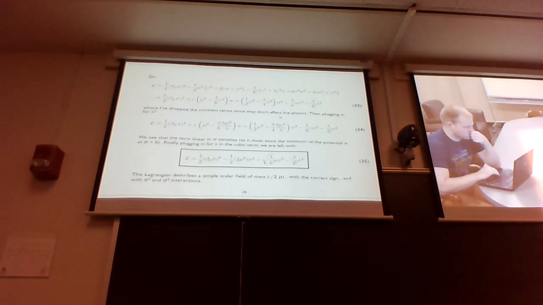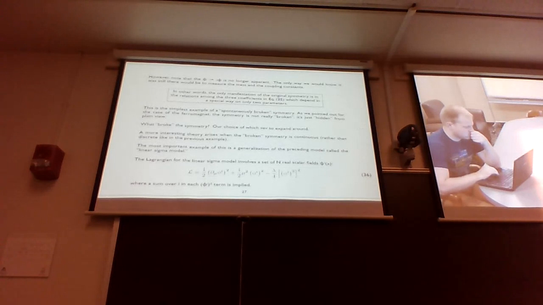So that's how you can use this process that we've done to break a symmetry or to hide a symmetry. And what it does, in this case, is give our scalar field a mass. And you can do the same thing for theories with N real scalar fields.